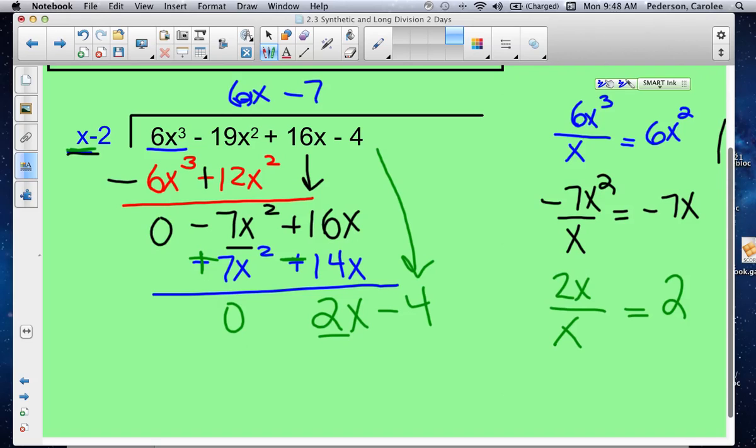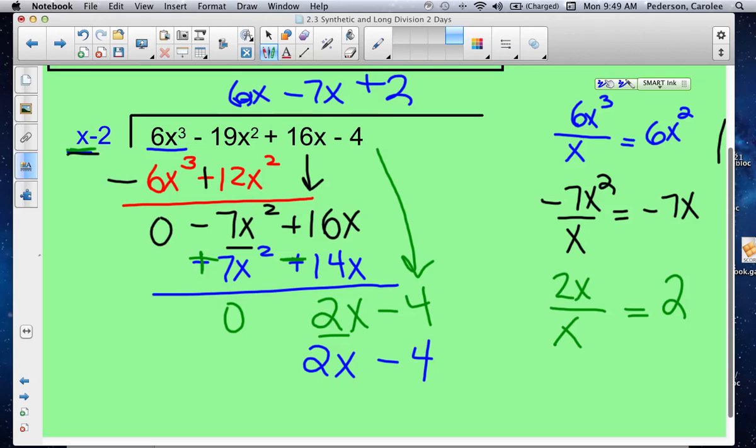Okay, so now we multiply. So 2 times negative 2 is negative 4. And then 2 times x is 2x.